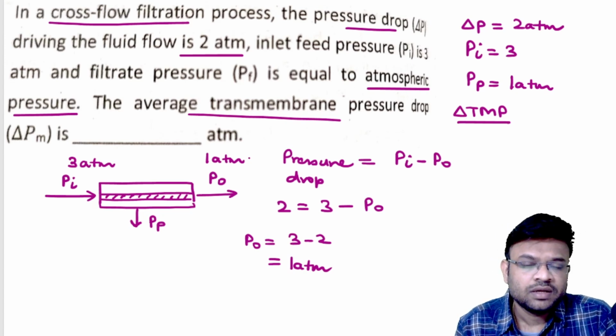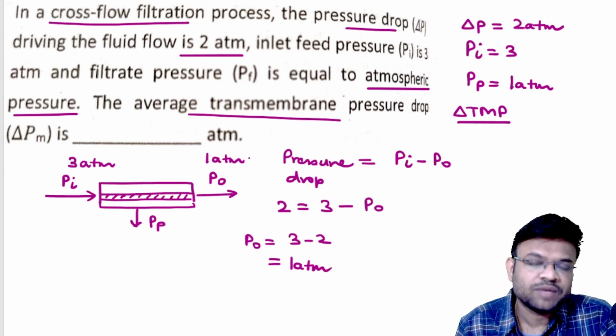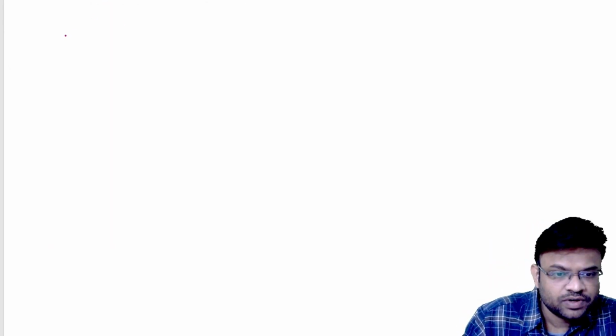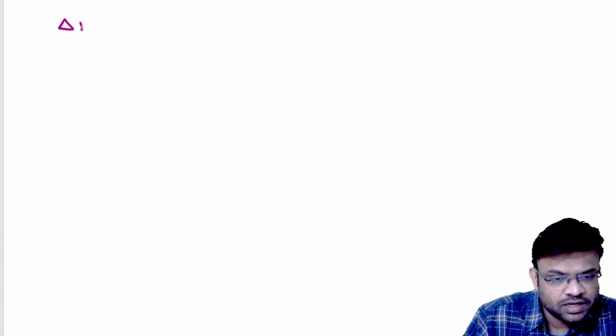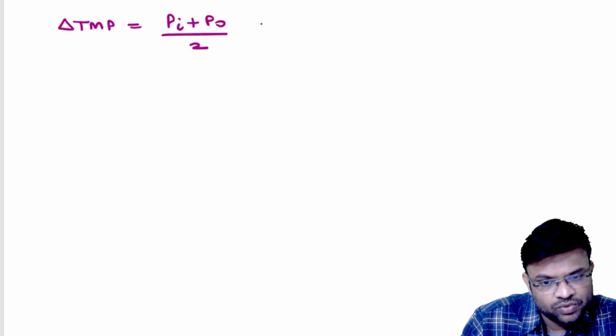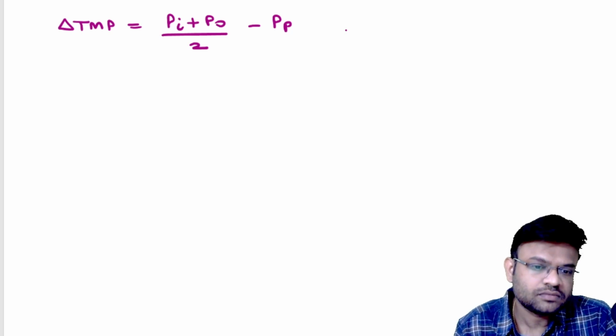Now, the next thing that we have to use is the formula for transmembrane pressure. What is the formula for transmembrane pressure? Delta TMP is equal to (Pi plus Po) upon 2 minus permeate pressure or filtrate pressure, whatever you want to write.